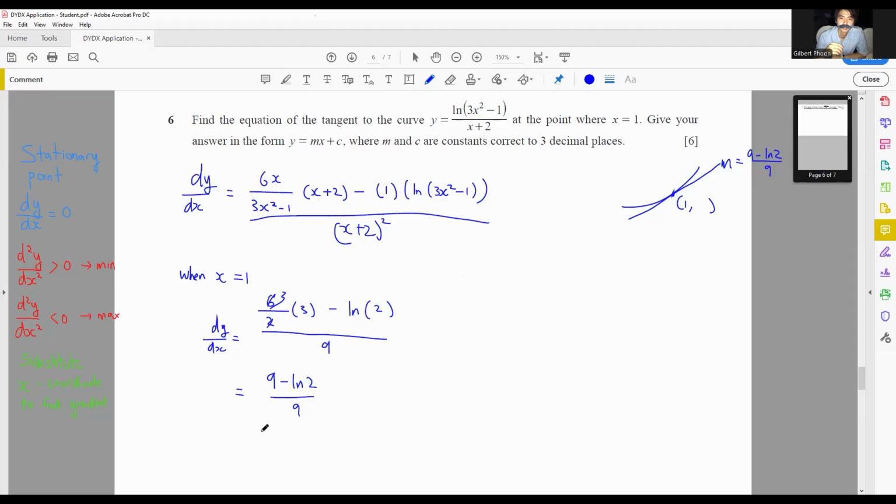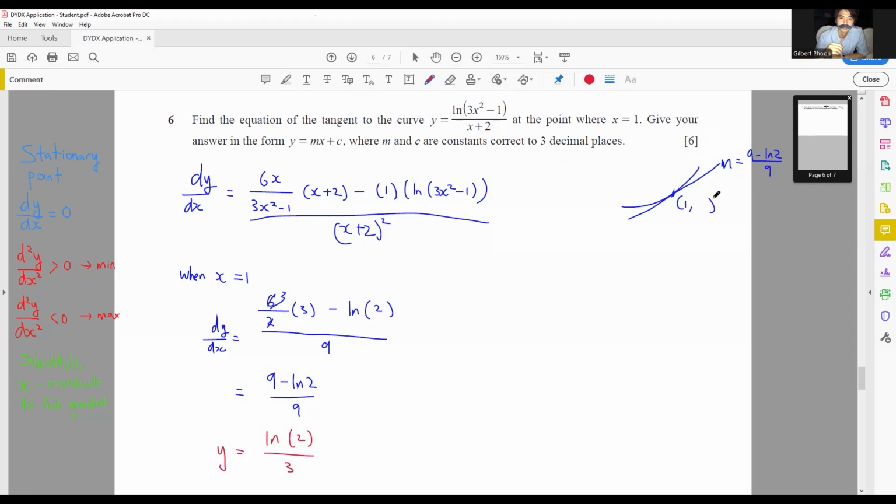Okay? Then when x equals 1, substitute into here, y is also equal to ln(3 − 1), that's 2, over 1 plus 2, which is 3.